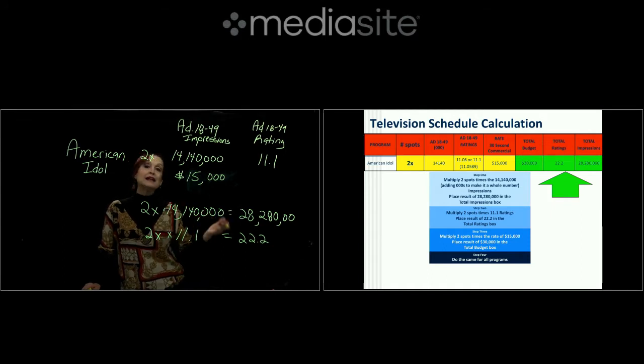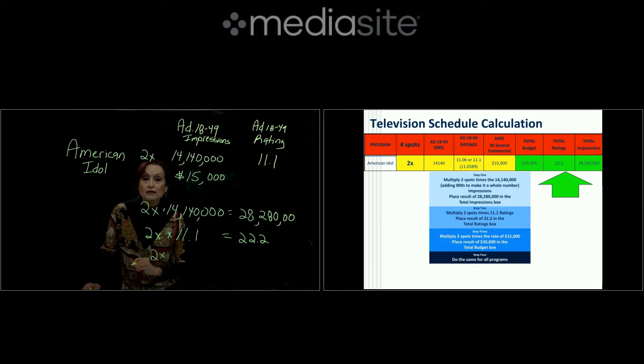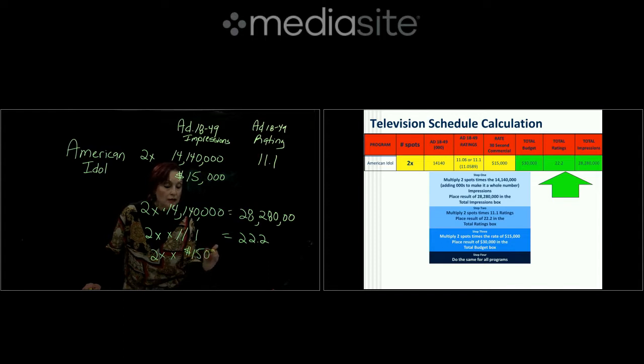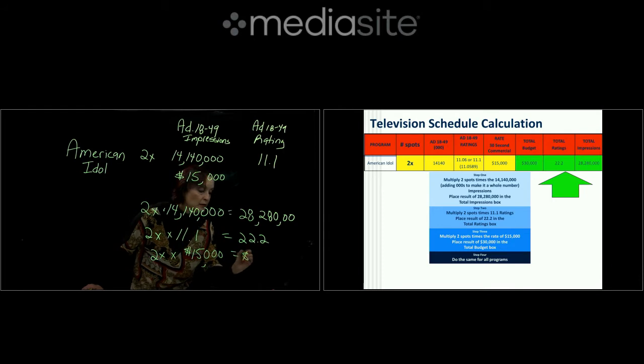Now step 3, let's deal with the money. Once again, we're sticking to American Idol. You have the same 2 spots, right? Each insertion equals $15,000. So now 2 times 15 is $30,000.